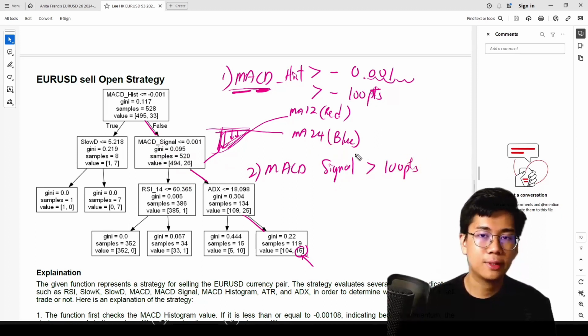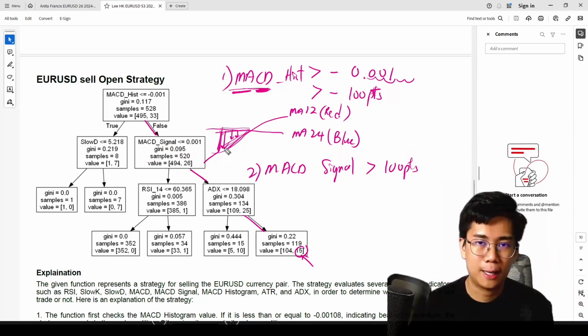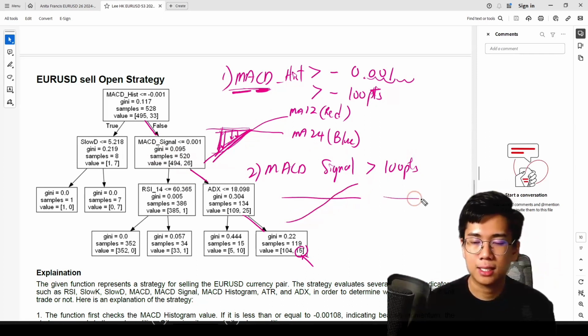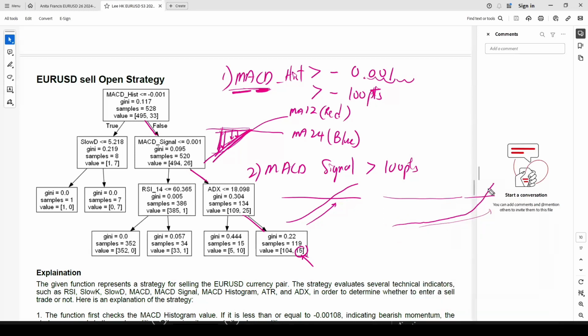MACD signal is false again, larger than 100 points. What does MACD signal mean? It is the speed of the two moving averages going up. There are two ways. Number one, the two lines go one side like this, and the other moving average line grows like this. This goes up very fast, this goes up over a very long time, taking very long to cross up.